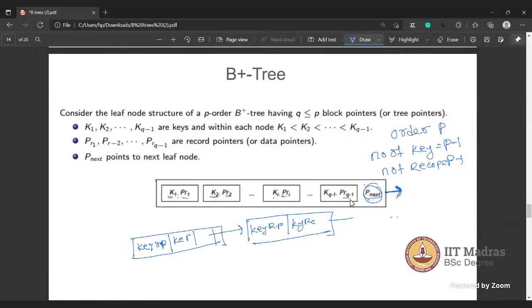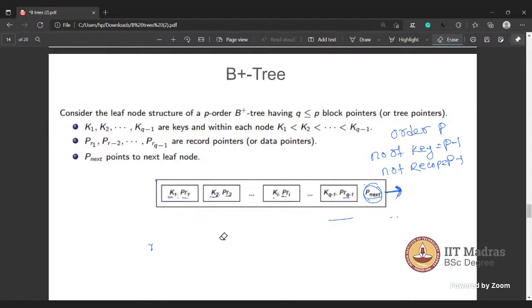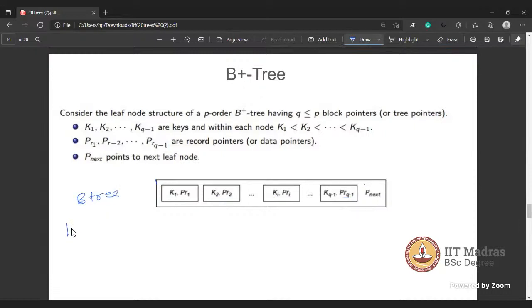So the main advantage is that in a B tree, records are also stored in internal nodes, so the block size is more.